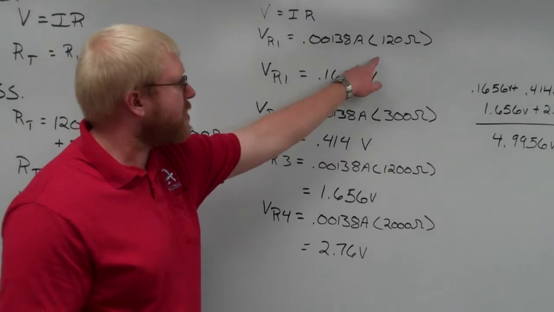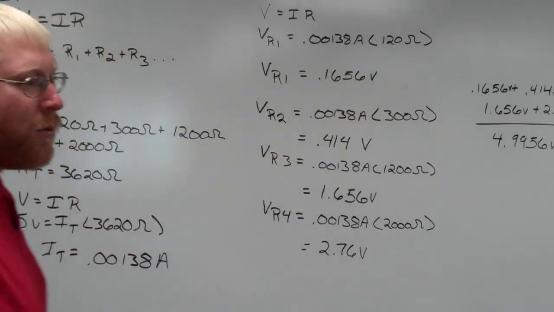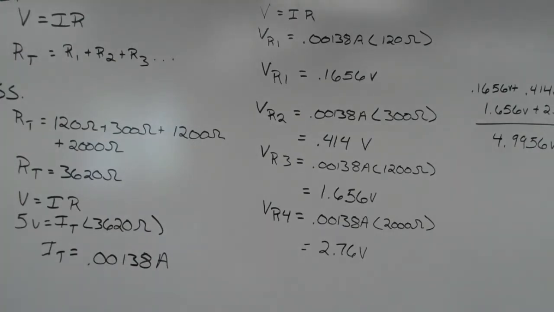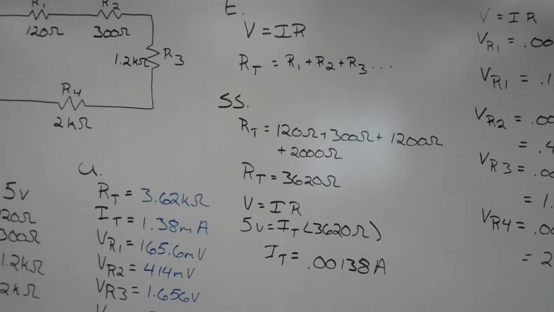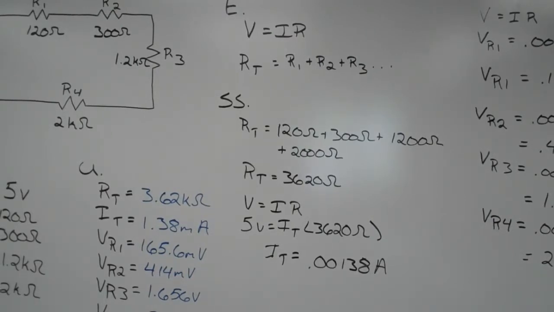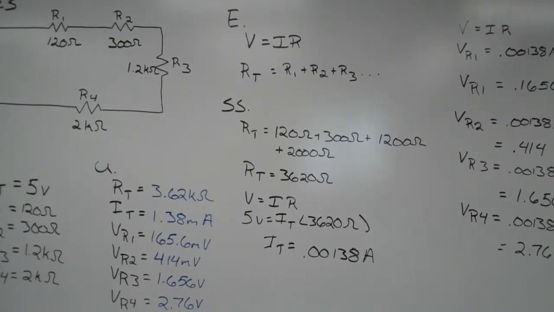We multiply these two numbers together and end up with 0.1656 volts. Once again, if you look over at my unknowns list, you can see that I changed that to 165.6 millivolts.